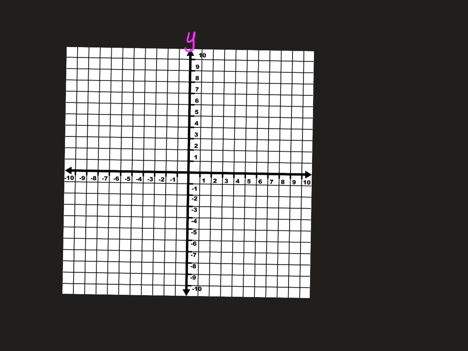Okay, first of all, let's say that you are given -2 and 4 and 5/6. How would you plot 4 and 5/6? Think about that. You would go over to what?